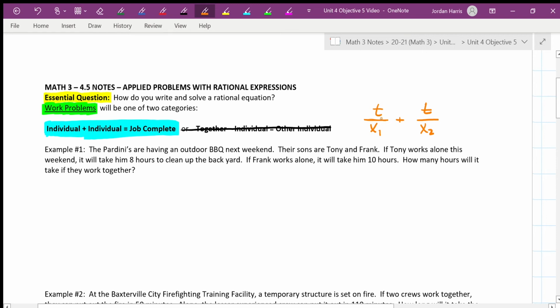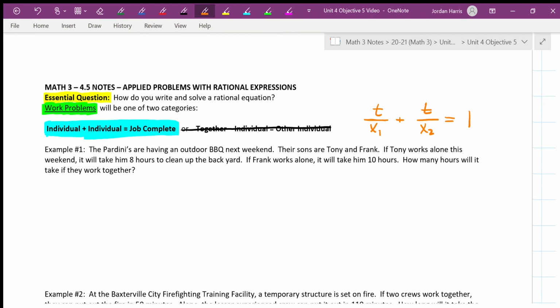When we divide the total time by the first person's amount, you get how much the first person does plus how much the second person does. And that needs to equal 1, because the first set of time plus the second set of time equals 1 complete job.